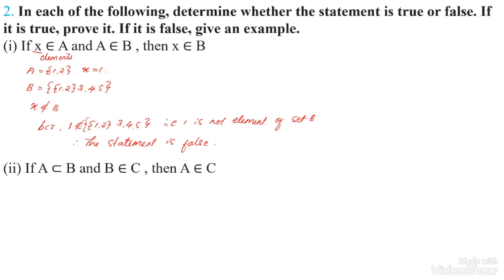If A is a subset of B. A is a subset of B means all the elements of A are in B. So I will take A to be a set containing the element 2. Since A is a subset of B, B is a set containing the elements 0, 2.